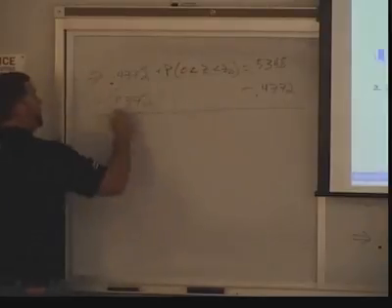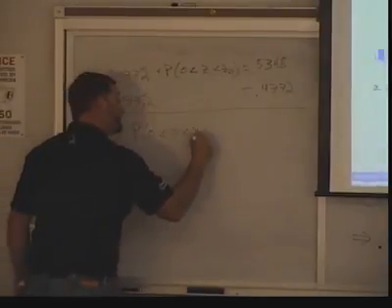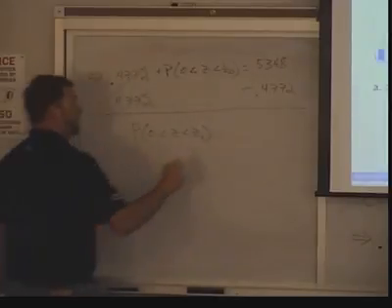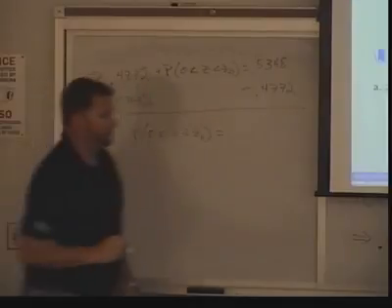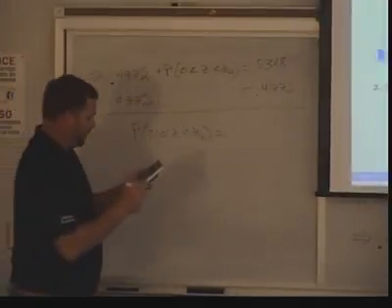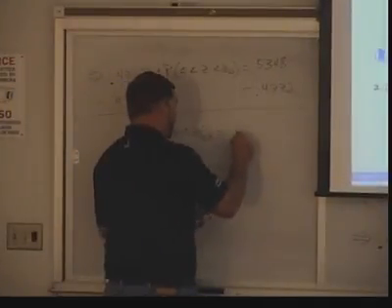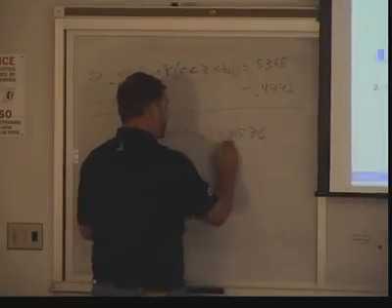Over here they go away, so now I have the probability that 0 is less than Z is less than Z naught is equal to what? I didn't do that on my calculator yet. 0.5348 minus 0.4772. 0.0576.